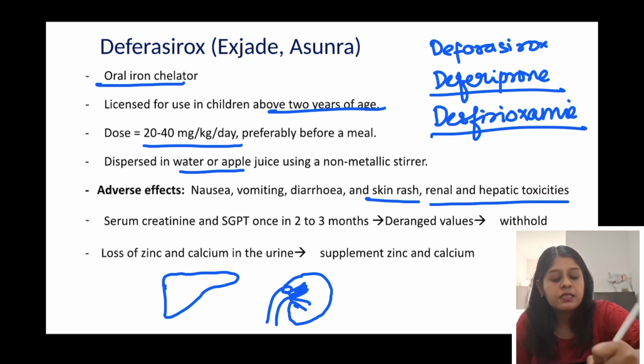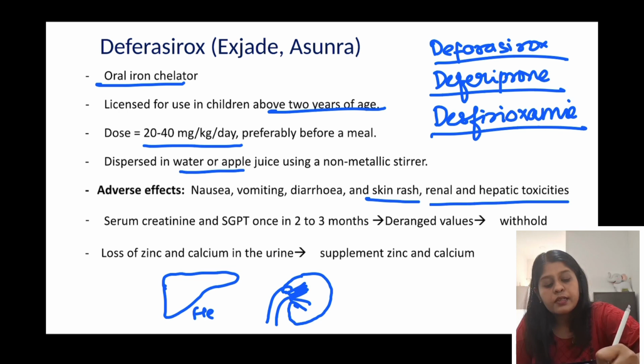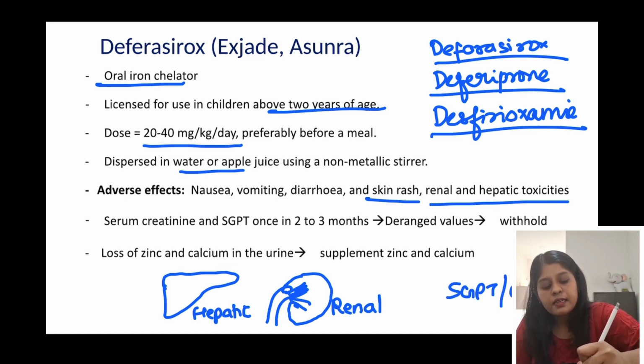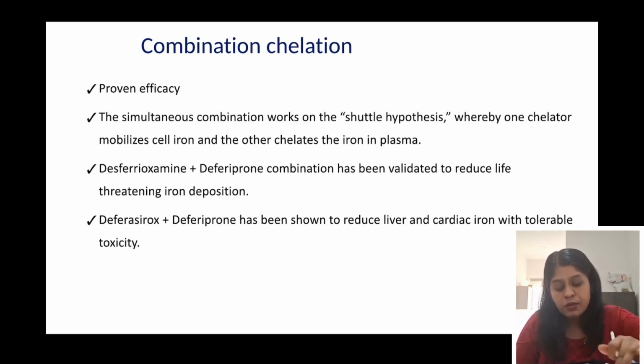This one causes bone marrow suppression, so you have to monitor the CBC levels. This is going to cause hepatotoxicity and renal toxicity. So this one you have to monitor the SGPT and creatinine regularly. Loss of zinc and calcium in urine, you have to give zinc and calcium also.